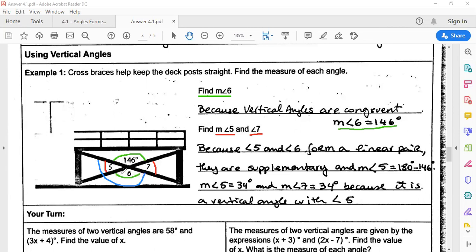So since angle 6 is 146 degrees, angle 5 is just going to be 180 minus 146. Okay, 180 minus 146 will be the measure of angle 5, which is 34. Now, because angle 5 and angle 7 are vertical angles, that means that angle 7 is also 34 degrees. And we're done.